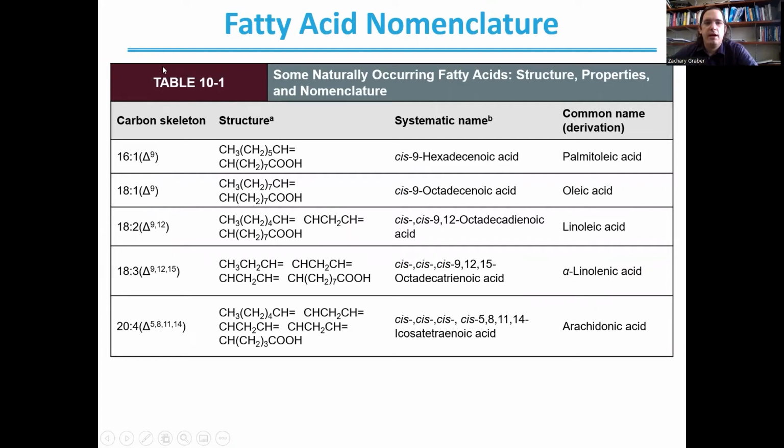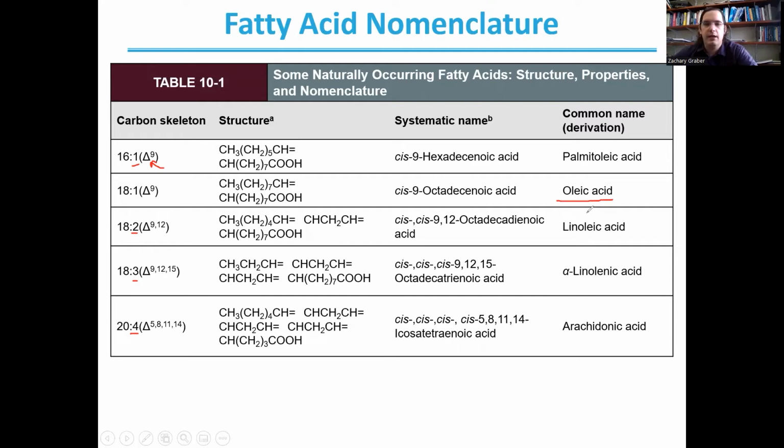Here we have our common unsaturated fatty acids. So again, of course, you can notice we have our number here indicating one or more double bonds. So we have 1, 2, 3, and 4 here for our different levels of unsaturation. And we also have our delta numbering telling us where those double bonds are. So our common unsaturated fatty acids, oleic acid is one of the most common.